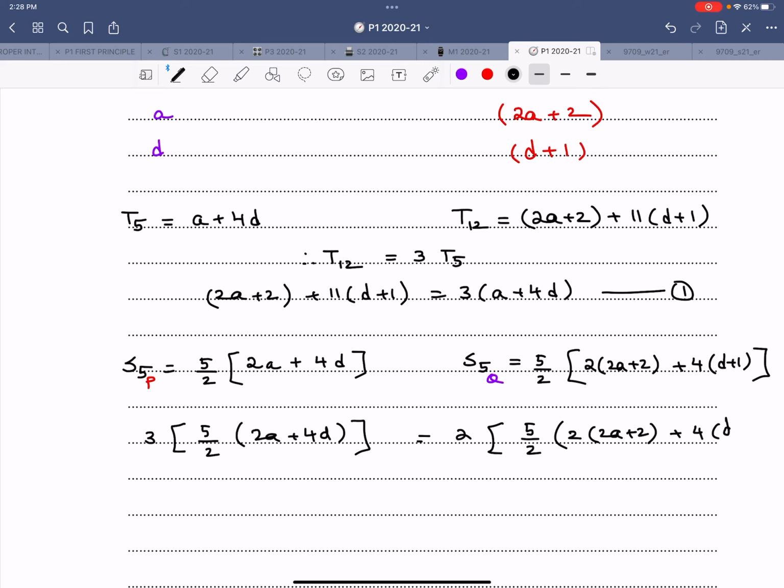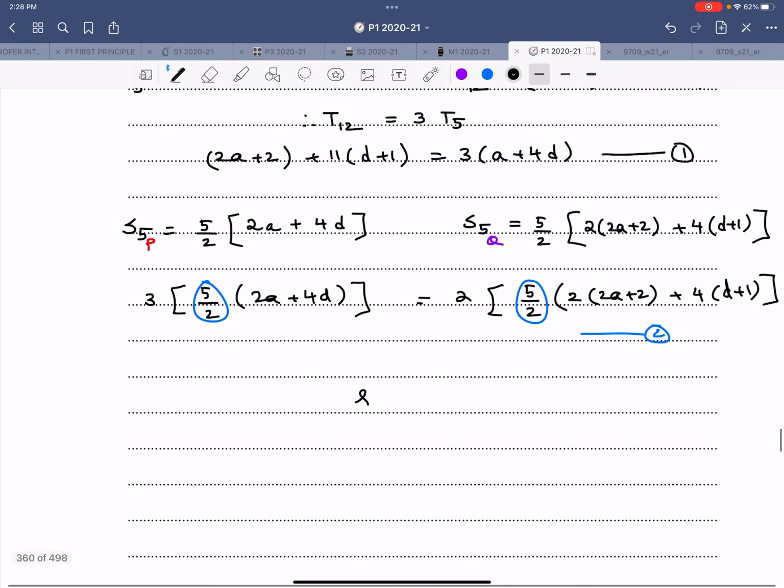There is something that you should also be solving, so why should I do all the nitty gritty? I'm just focusing on this. The 5 over 2 would disappear and then you would simplify. So this is equation number 2. Then you solve simultaneously and you'll find the value of A and the value of D. So that thing is done.